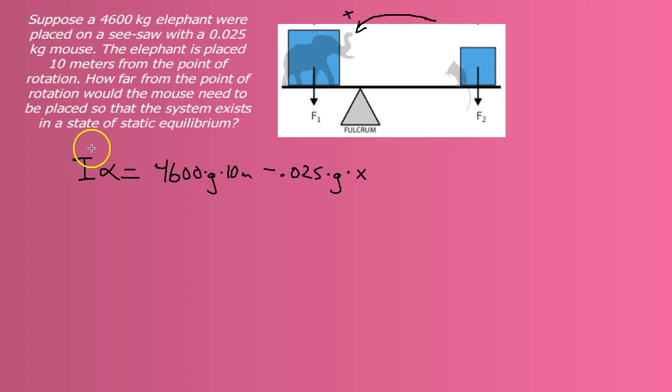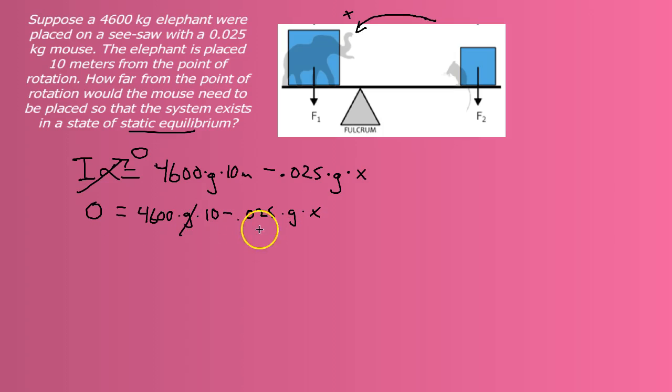Now to solve this we could do moment of inertia, mr squared for each of them, but because we want it to be in equilibrium, that means we don't want any angular acceleration, so this is equal to 0. So 0 is equal to 4,600 times g times 10 minus 0.025 times g times x, which we want to solve for.